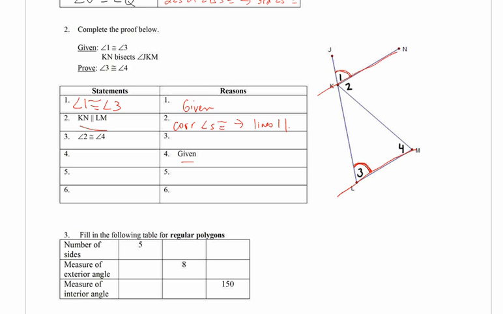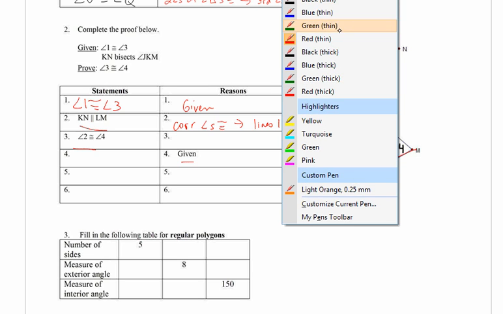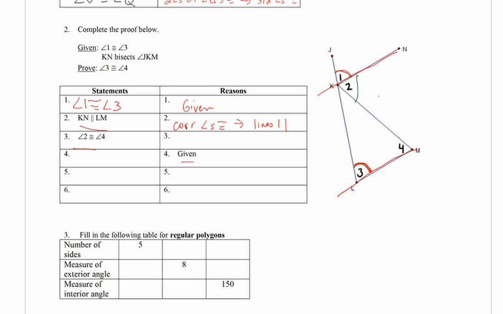Alright, so now we're going to move on to this information. Angle 2 is congruent to angle 4. Well, I didn't really know that. Let's change color here. So 2 is congruent to 4. Now, why would I know that? Well, we were just talking about parallel lines, and you think about these two parallel lines that I've highlighted in red, and you think about KM now as our transversal.